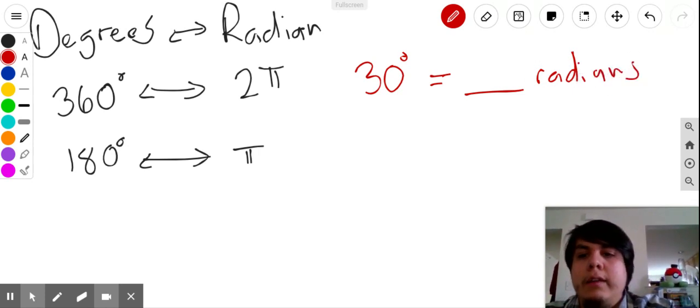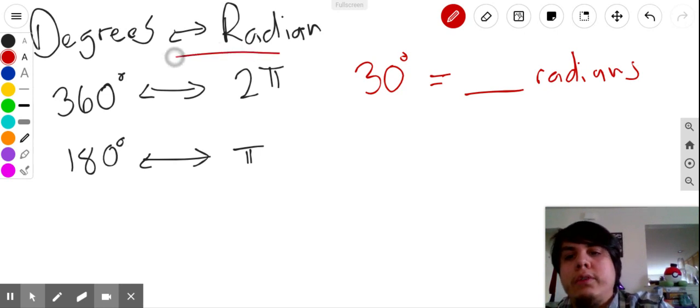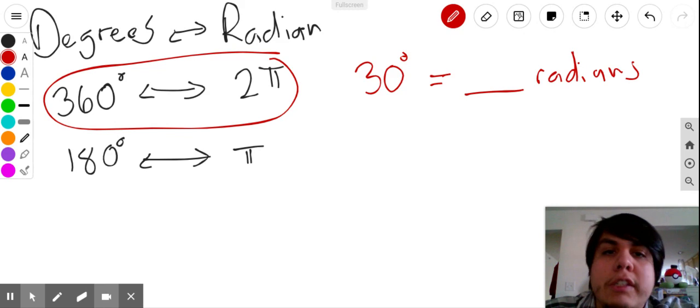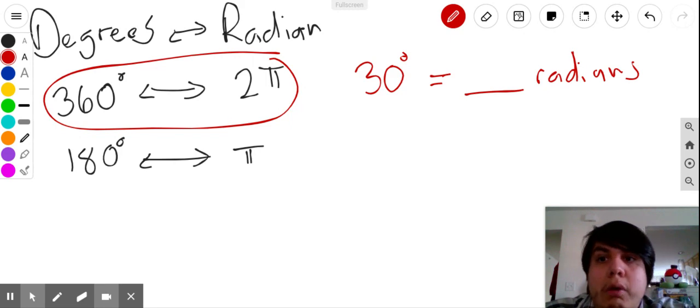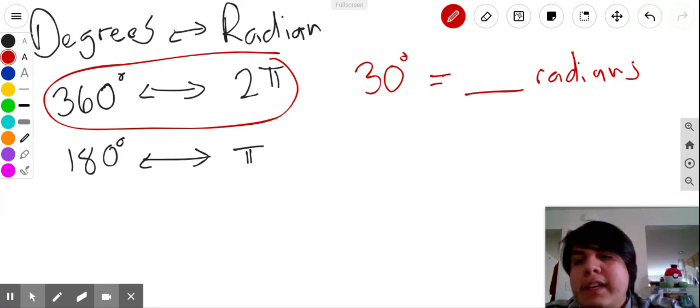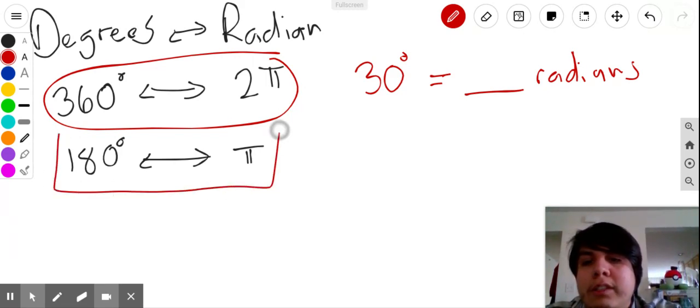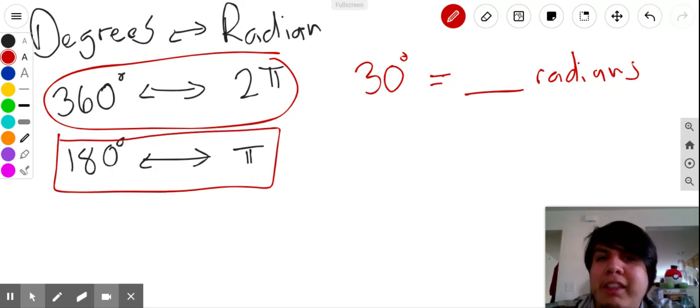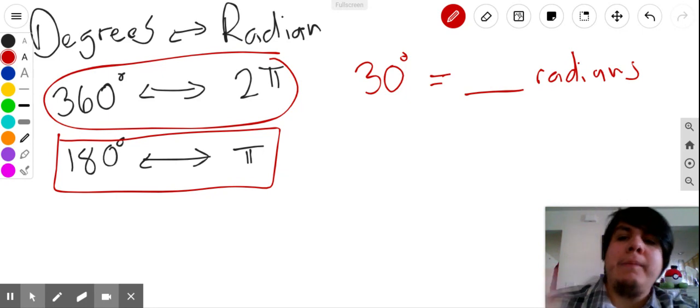We know that a whole circle is 360 degrees, and that's the same as saying we have 2 pi's worth of radians. Or we can say, well, let's just break it down to half circle, right? It's still the same relationship, and it's a smaller number, so automatically that should be easier to work with.